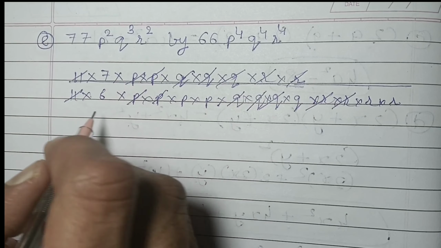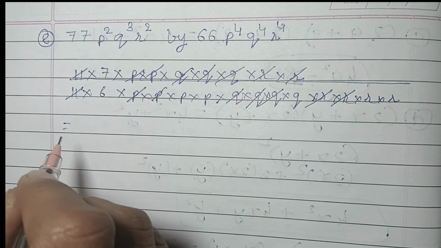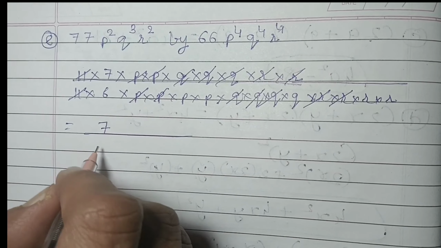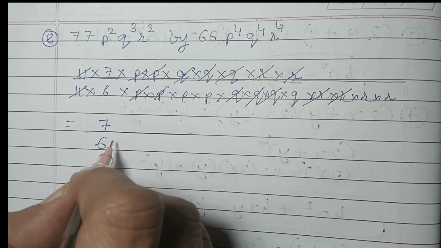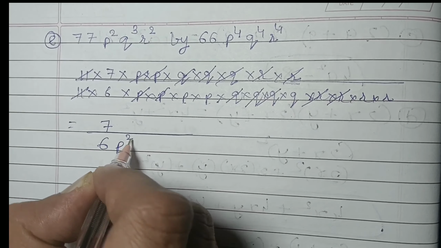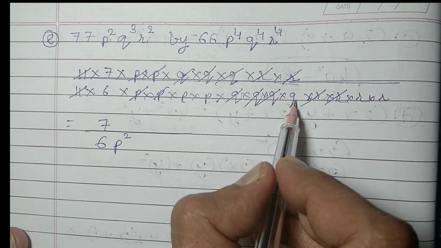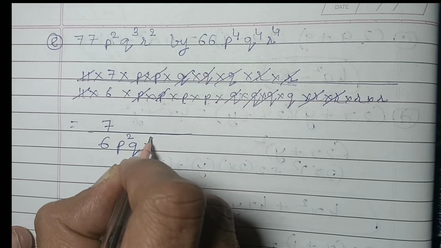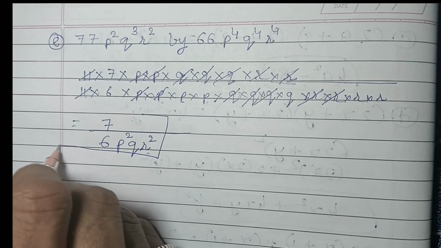Okay, so the remaining term will be, in the numerator it will be 7 and in the denominator it will be 6. p we can write p square, q is only 1 time and r is for 2 times, so we'll write r square. So this is your answer.